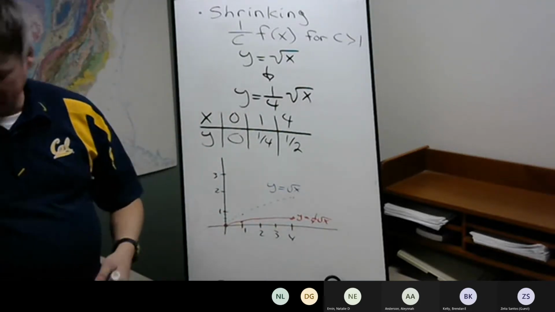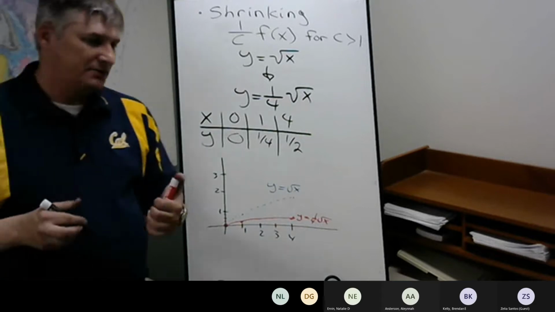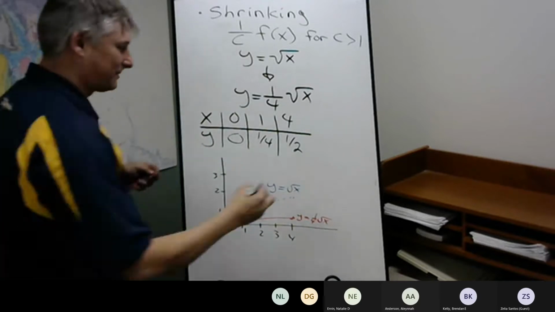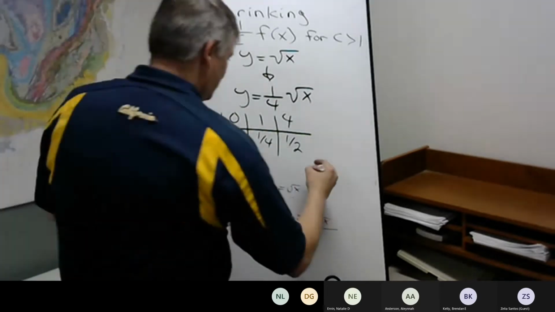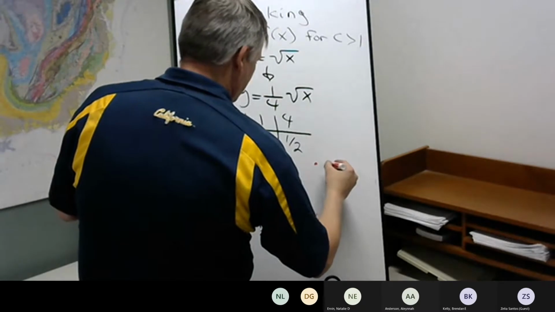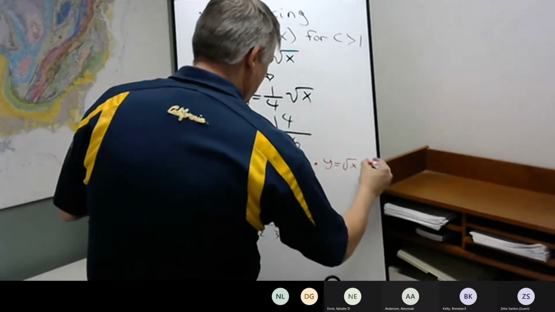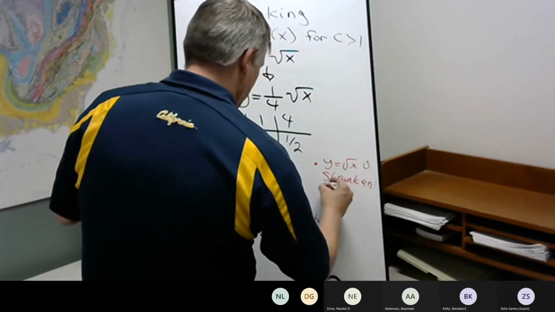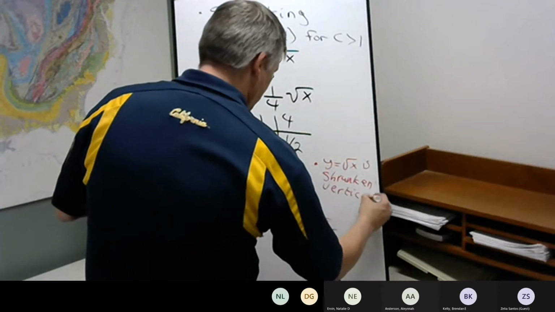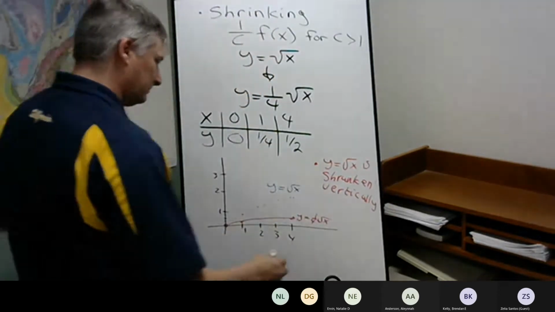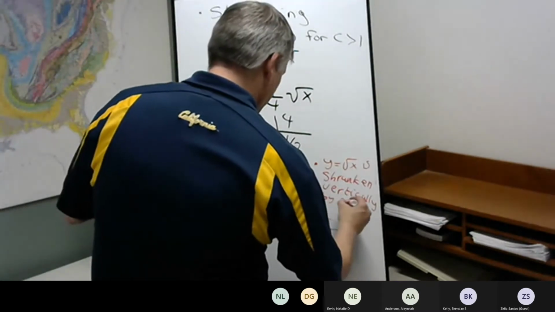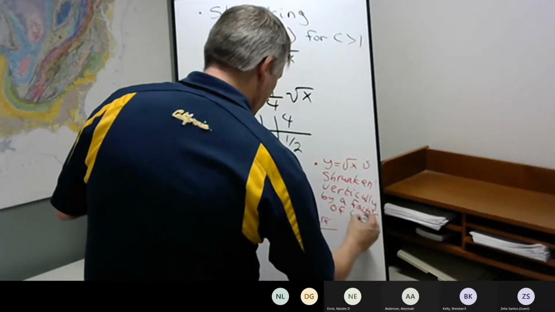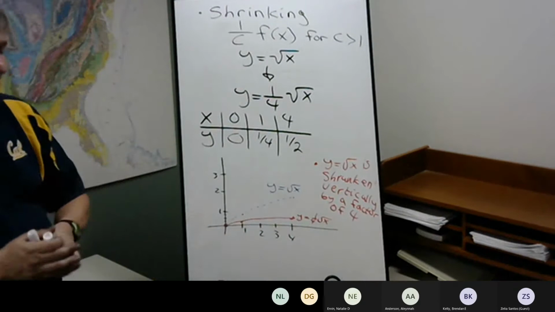What this does is take y equals square root of x and shrink it vertically. So it's shrunken vertically by a factor of 4.